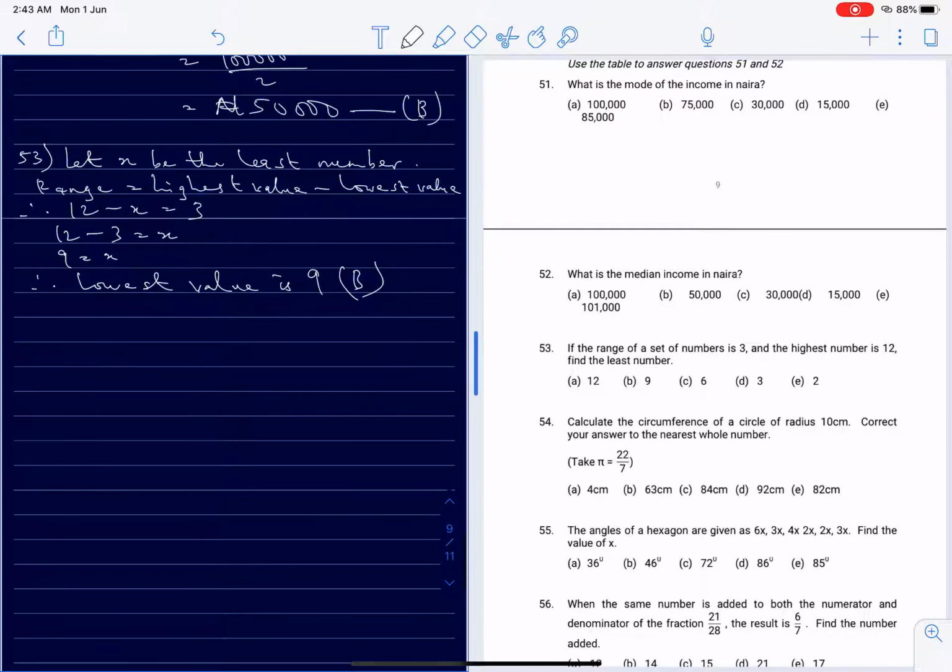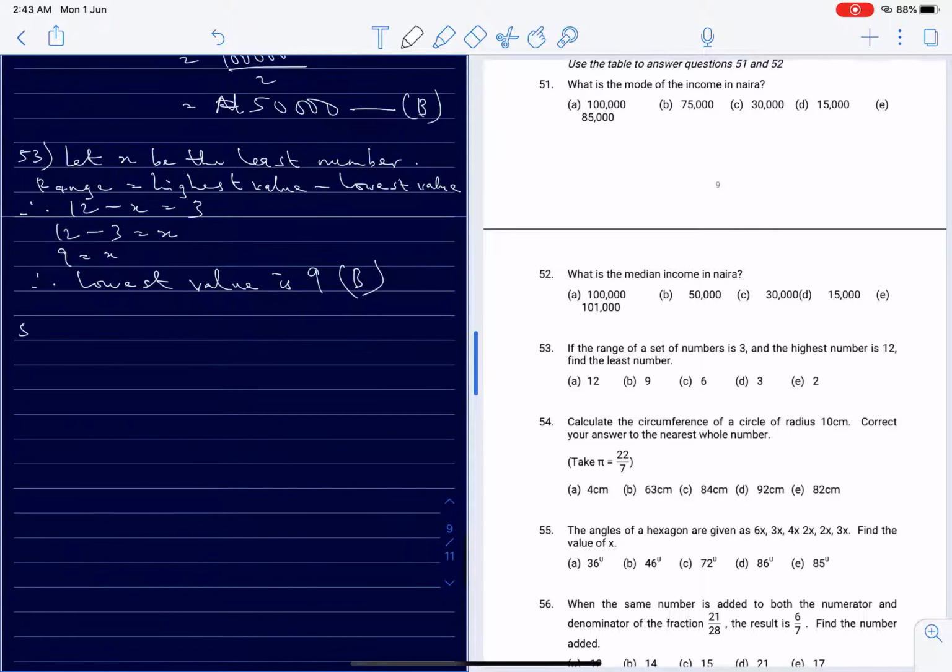Now calculate on number 54. Calculate the circumference of a circle of radius 10 centimeters, and give your answer correct to the nearest whole number.